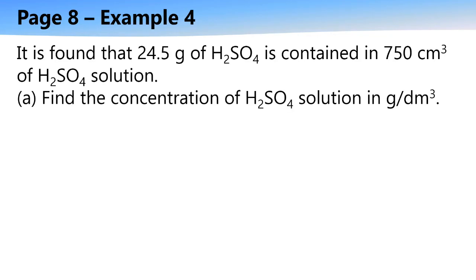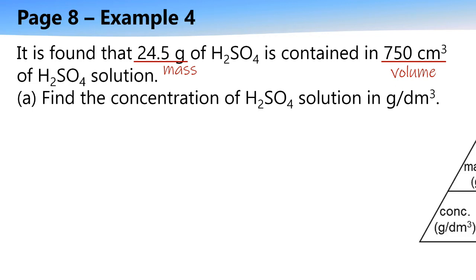Alright, moving on. Example 4. It is found that 24.5 grams of H2SO4 is contained in 750 cm3 of H2SO4 solution. Find the concentration in grams per dm3. So this is simple. Let's highlight again the mass and the volume.